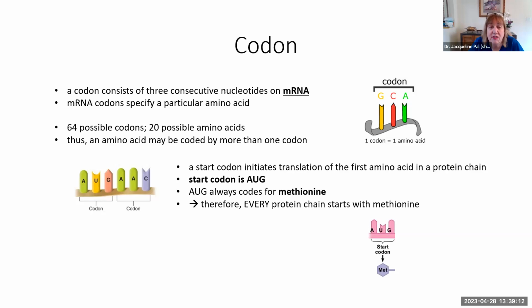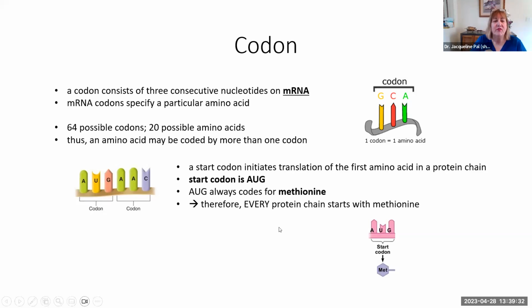And at the AUG is where it's going to start, and AUG always codes for methionine. So here's our AUG start codon, and methionine is always going to be the first amino acid. So every single protein chain of all those 20 different amino acids starts with a methionine.